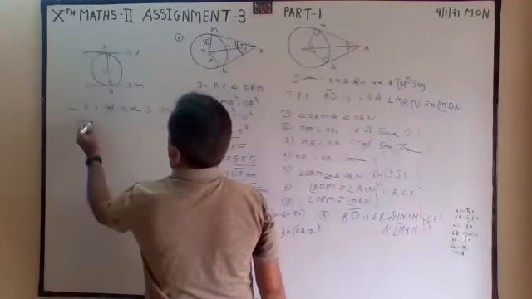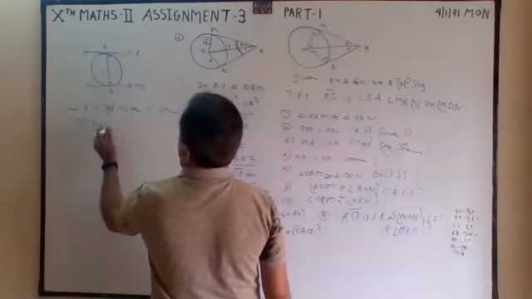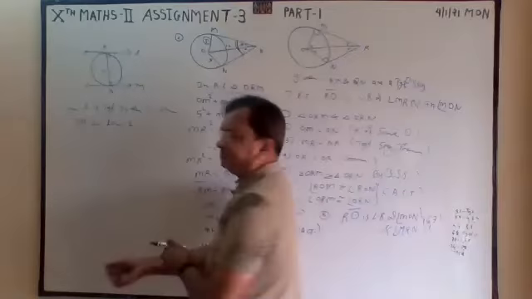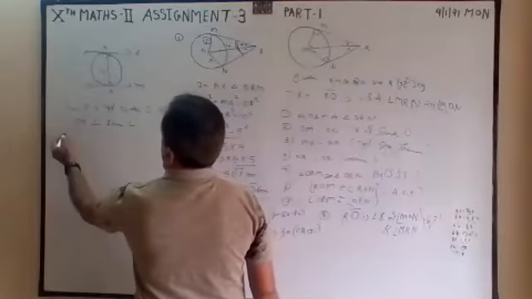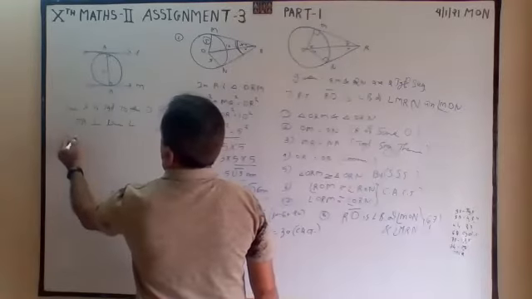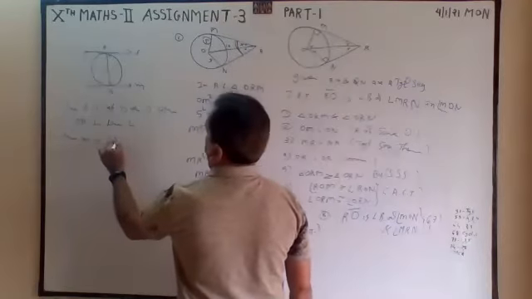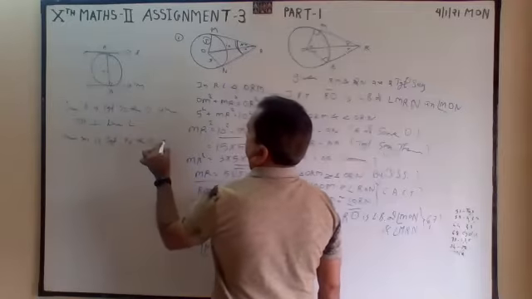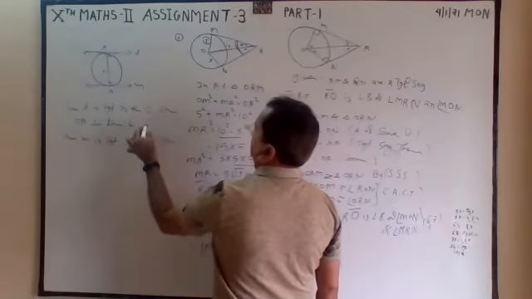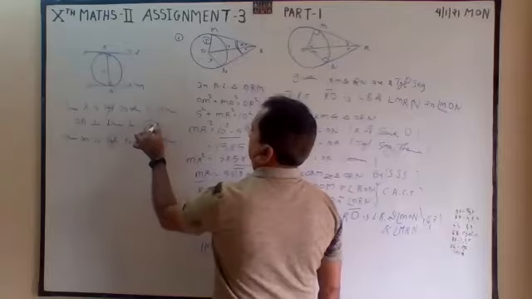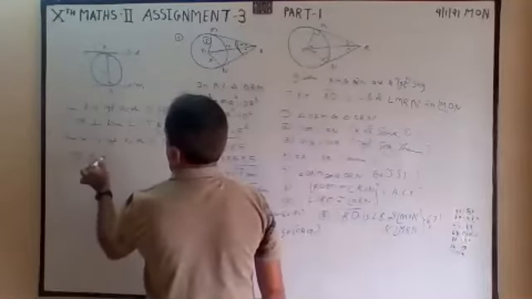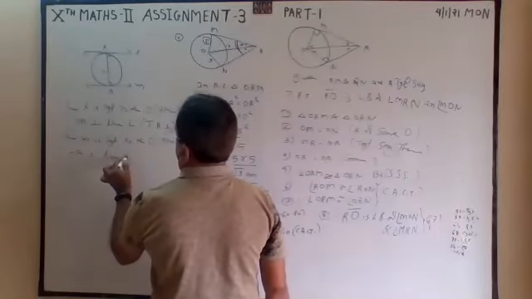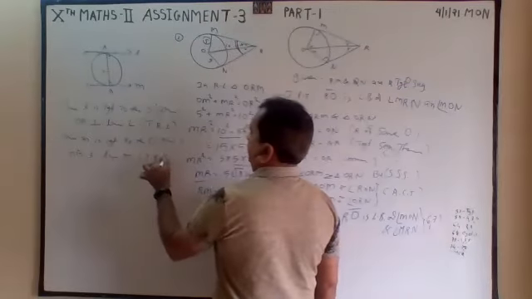Therefore, OA perpendicular to line L. Line M is tangent to the circle, that is also given. This is tangent, radii perpendicular. Same OB, line M tangent, radii perpendicular.